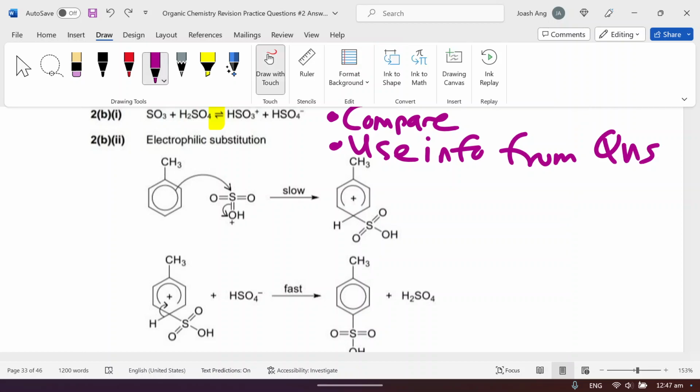In HSO3+, we see that the sulfur is the one that is being attacked because sulfur is less electronegative than oxygen. That's one. It also has energetically accessible vacant orbitals, so it can also act as the Lewis acid right here. But I would say the more important reason is that it's electrophilic.